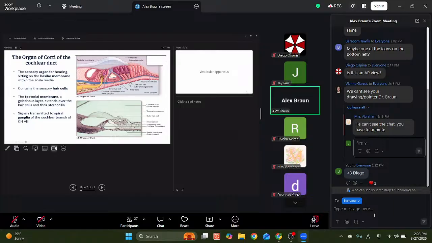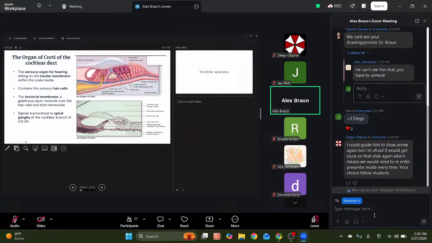So when there's vibration of the basilar membrane of the organ of Corti, because sound vibrations are coming through the cochlea, the hair cells vibrate along with their stereocilia, which are inserted into the tectorial membrane. That causes depolarization of the hair cells, and they transmit a neural impulse.